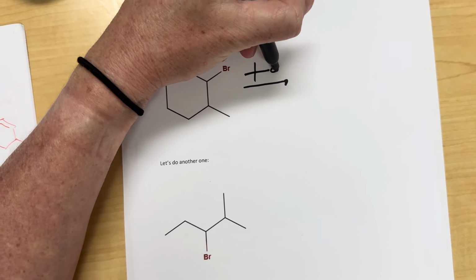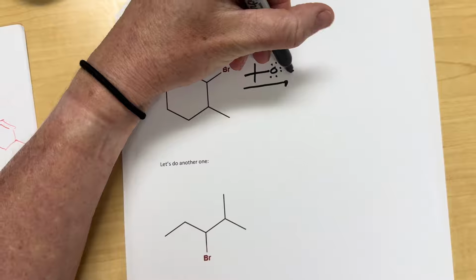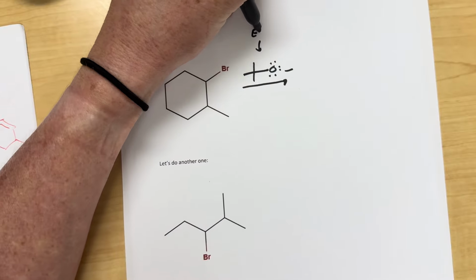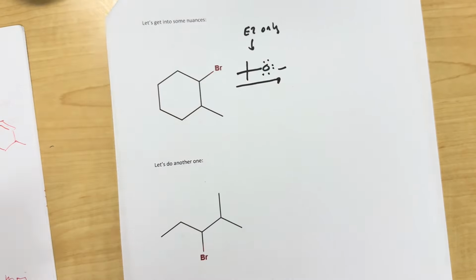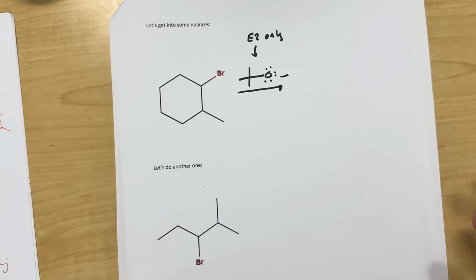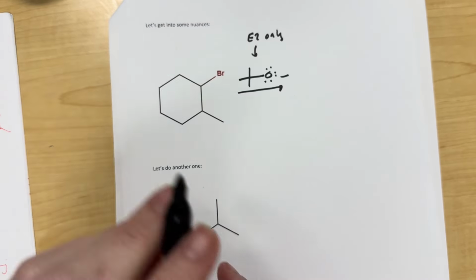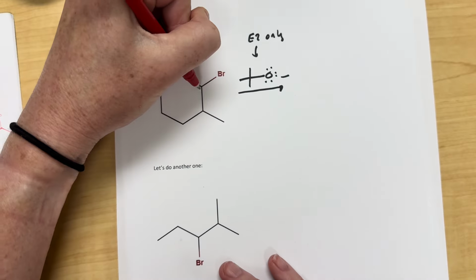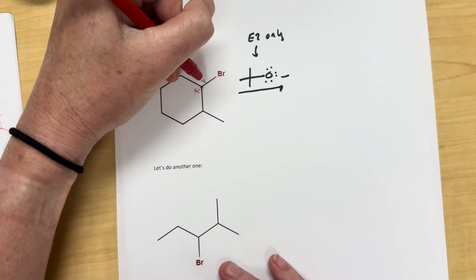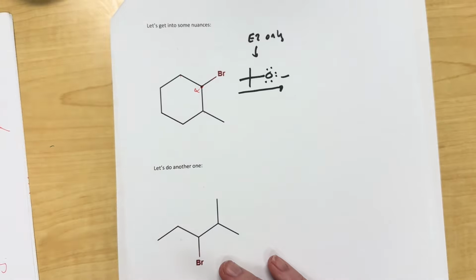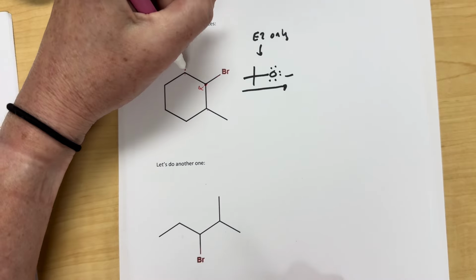Remember, anytime you have this, it's E2 only. Let's talk about what this is going to give us. Here, you have your alpha carbon right here, the one that's directly attached. Remember, the betas are directly attached to the alphas. So you have 2 betas.